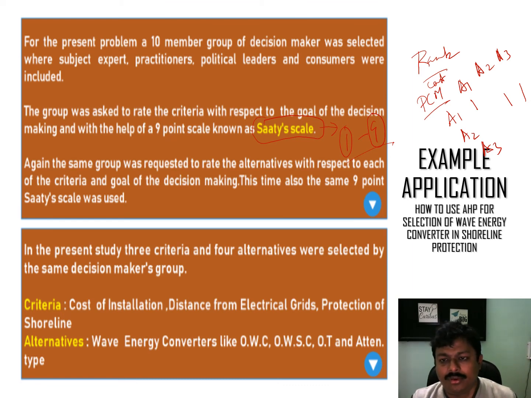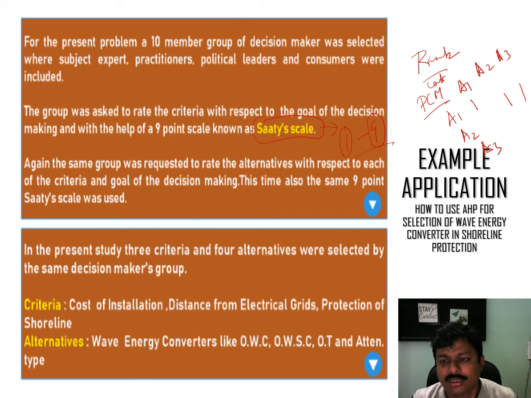So now to represent the comparison of importance of A1 with respect to A2 with the help of Saaty scale, here you cannot just find the ratio of the complement of rank. Here you have to give a number which represents the difference of significance between A1 and A2.